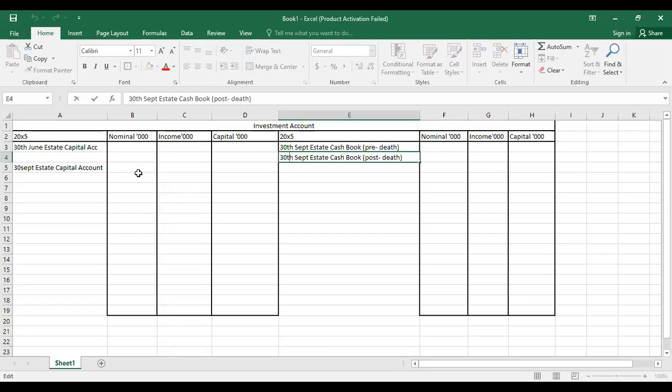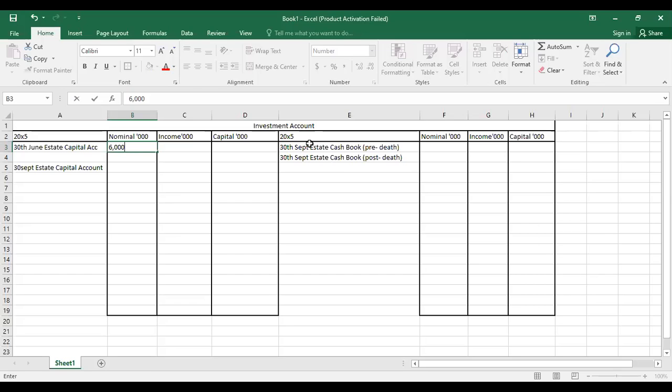So what will guide us? The death is occurring on 30th June, and you know that the nominal value is 6 million. So that one is taken care of. Then we go to the dates now. We've been told that the interest was paid between 31st January and 31st July.